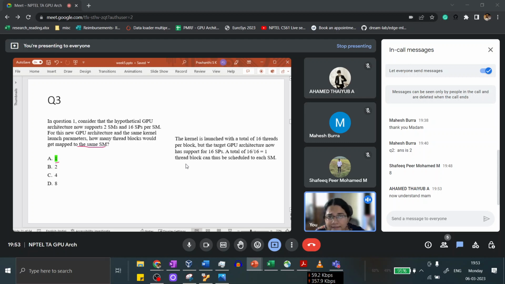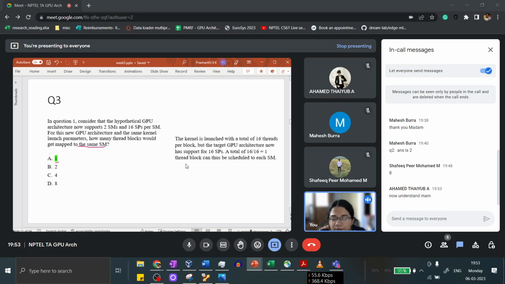So whenever you get such problems, think of it from those two intuitive principles I gave you, right? What does the scheduler want to do? It wants to utilize all the SMs well, and it wants to utilize all the SPs well. So if I gave you a certain number of blocks and a certain number of SMs, you would try to distribute those blocks fairly among the SMs.